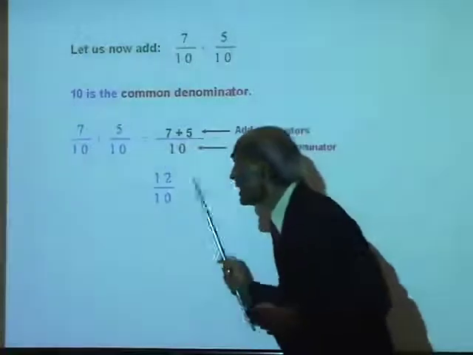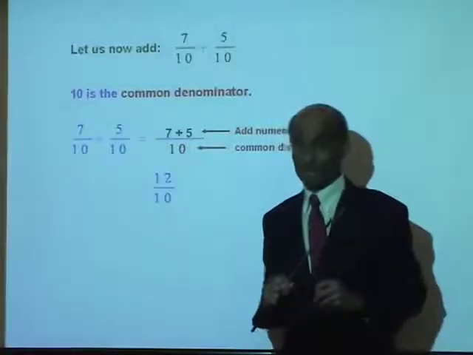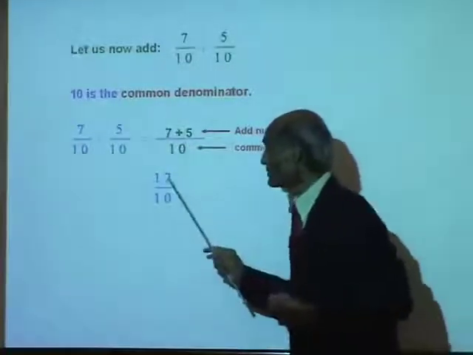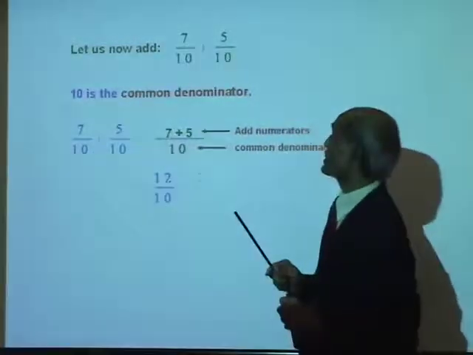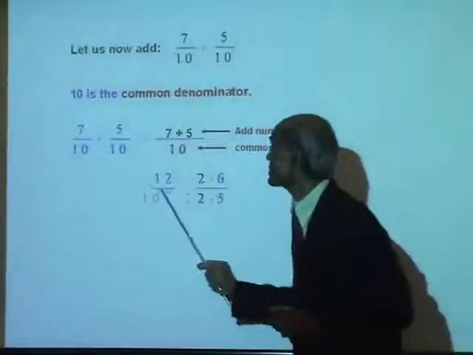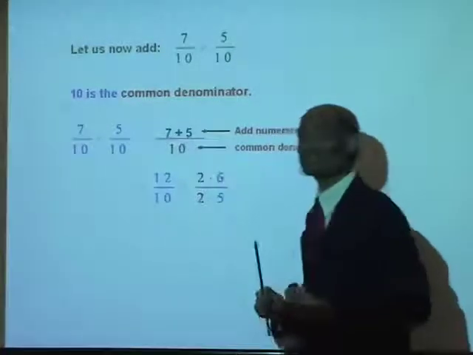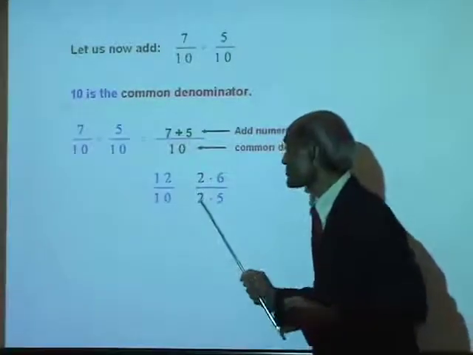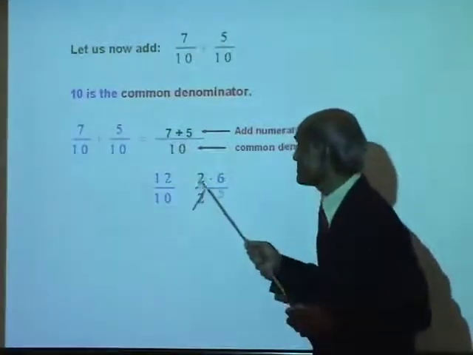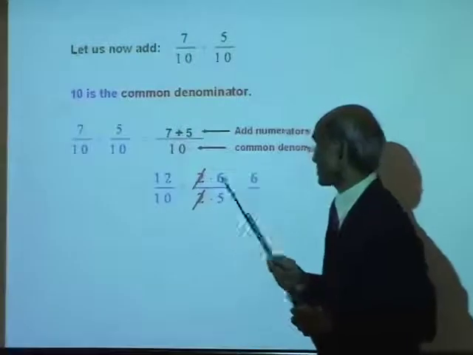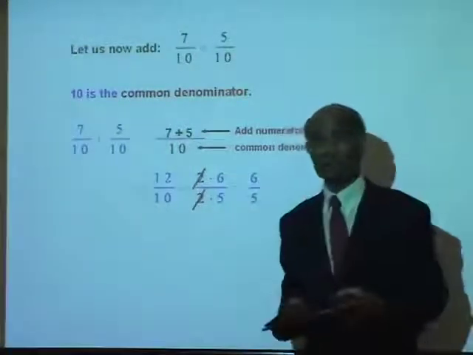Well, is this an answer? Well, no. Why not? This is not in the lowest terms. How do we write this in the lowest terms? 12 can be written as 2 times 6. And 10 can be written as 2 times 5. And 2 and 2 go. So we get 6 over 5.